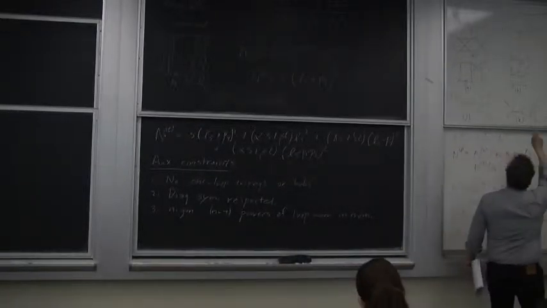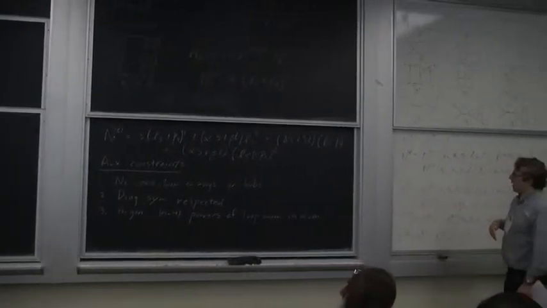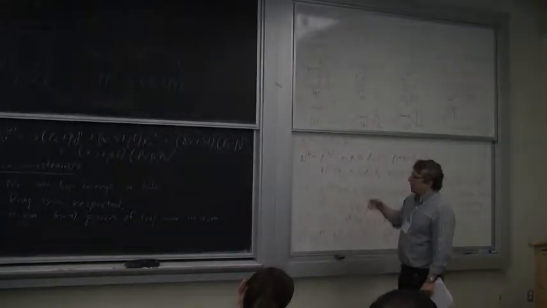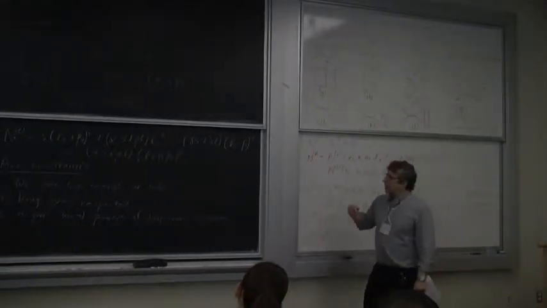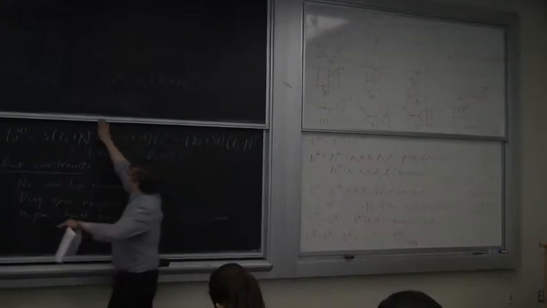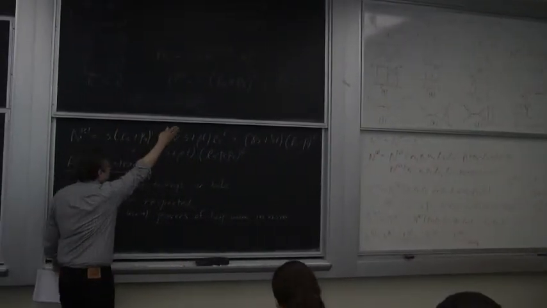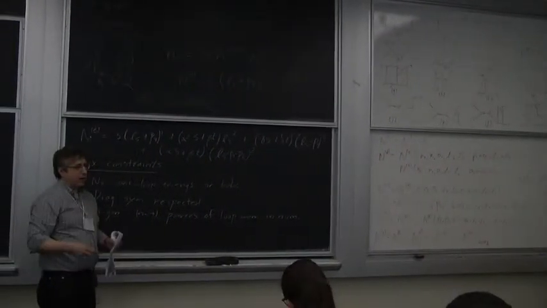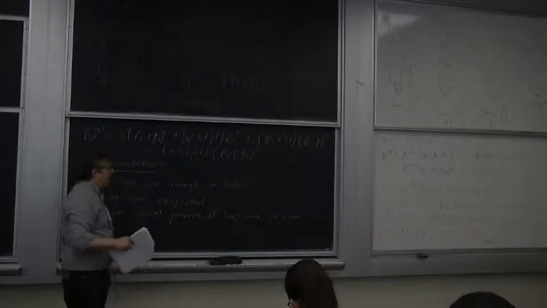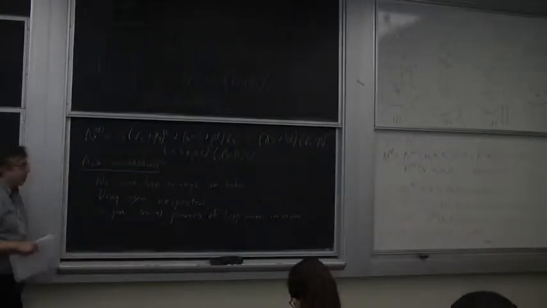So in the final answer for the numerators, I want L5 squared not equal to 0. But when I calculated with the cuts, I had this ambiguity that L5 squared was equal to 0, so I basically lose that information.